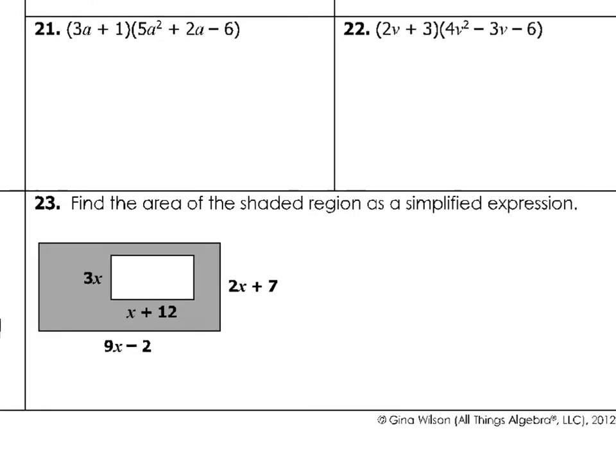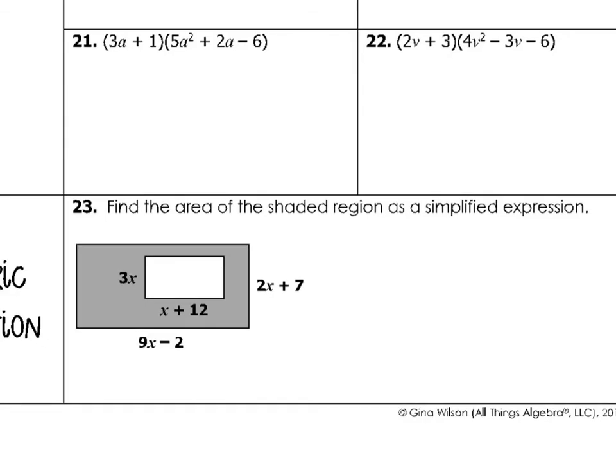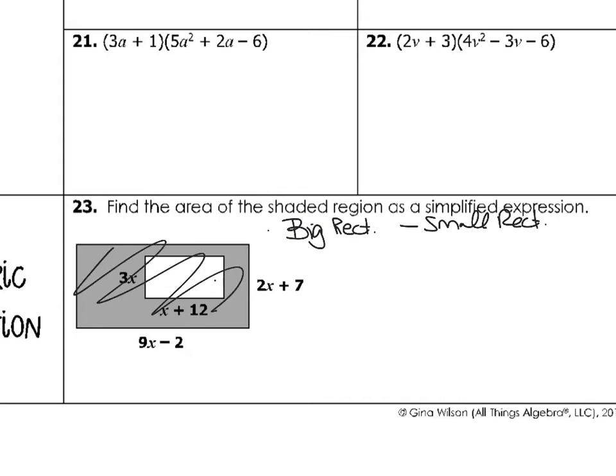All right, and let's look at, here's one of those with a shaded area again. To find the area, I've got to find the area of the big rectangle, minus, and I'm going to do the small rectangle. Okay? Because that'll find this whole area here, and it's going to take out this white part, so all you're left with is the shaded.